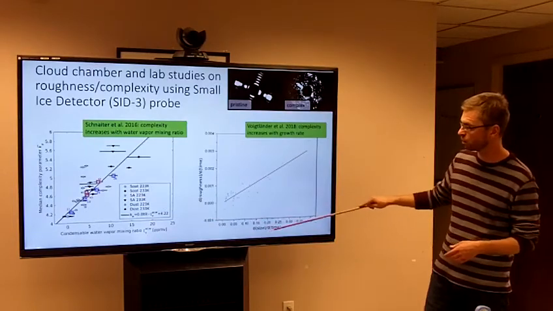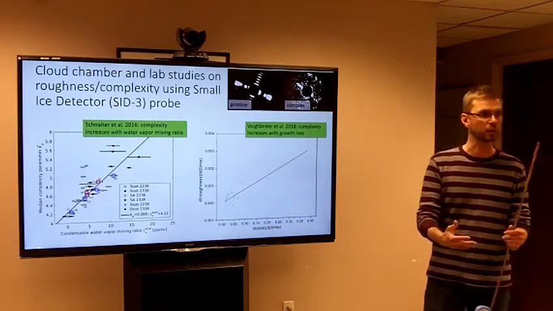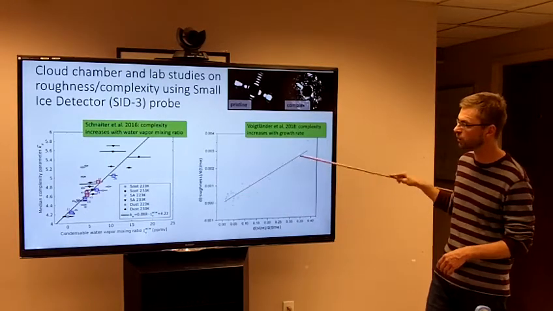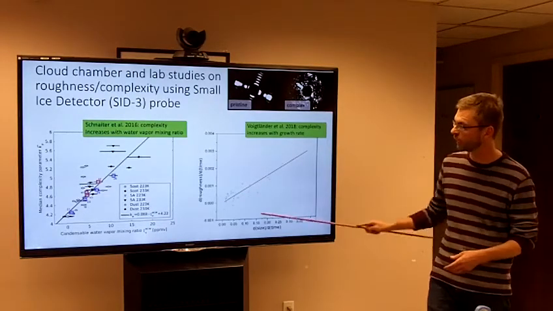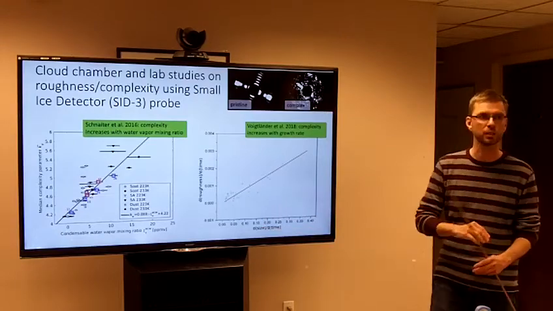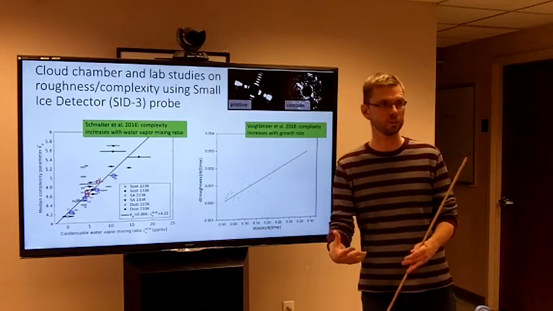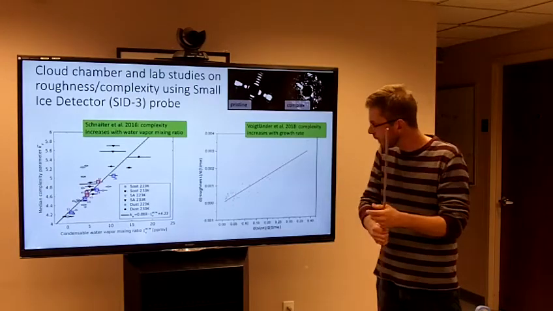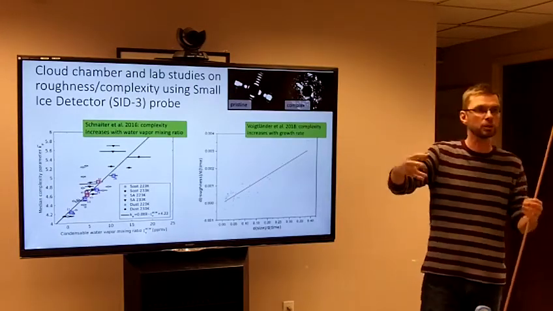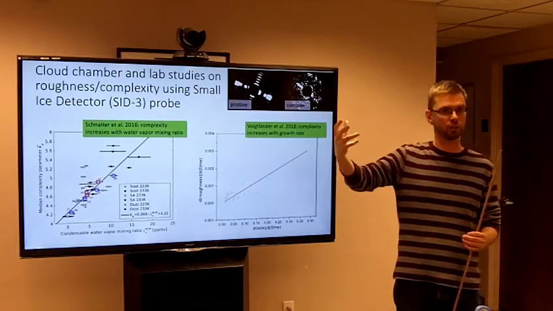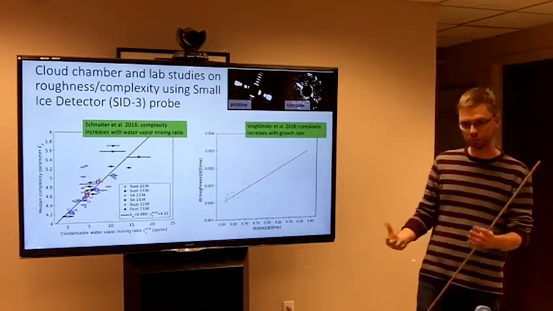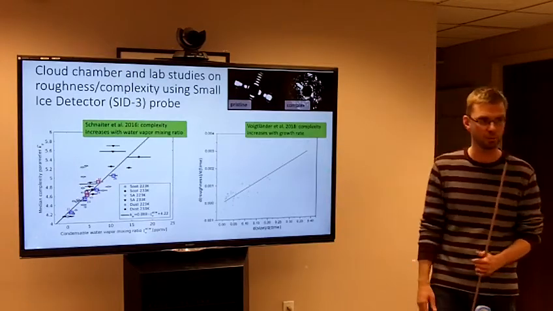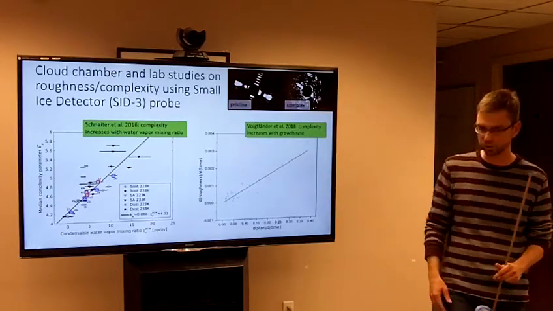And also just using the growth rate as a variable, you can see that the roughness or this complexity increases as you increase the growth rate. So faster growing particles grow rougher or more distorted. So you would expect the distortion to increase with particle size, as we also see.